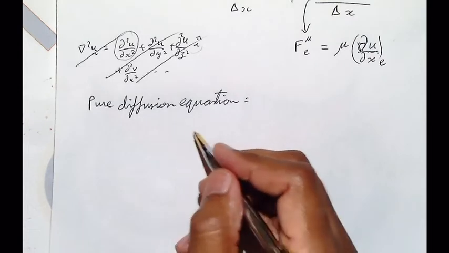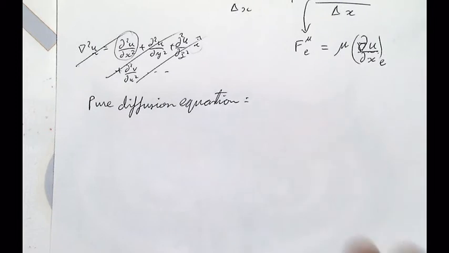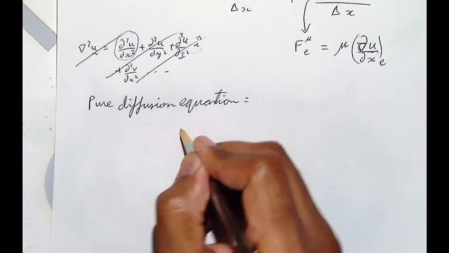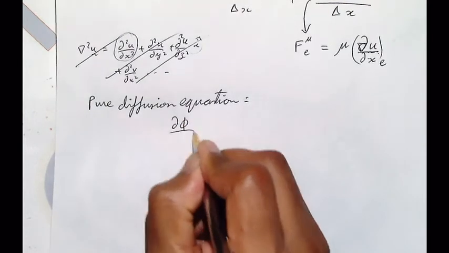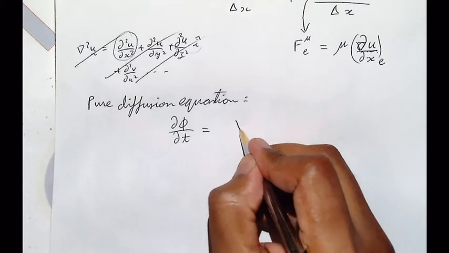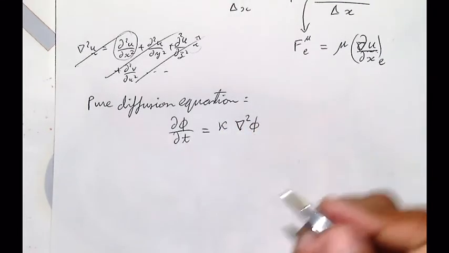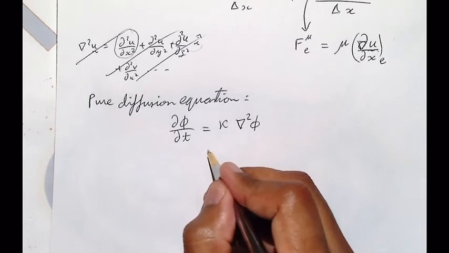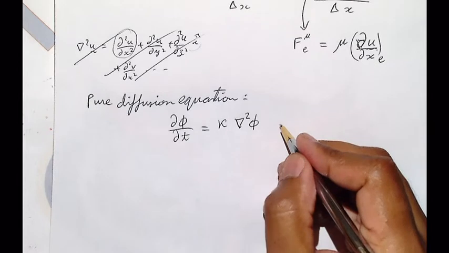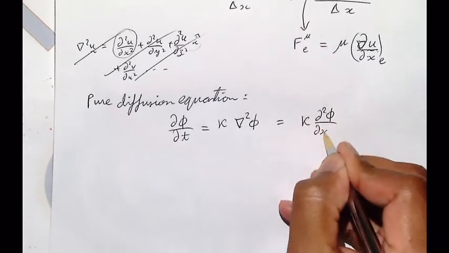So what is the partial differential equation? Del phi by del t equals kappa grad squared phi, where kappa is the diffusion coefficient. And in 1D it's kappa del 2 phi over del x squared.